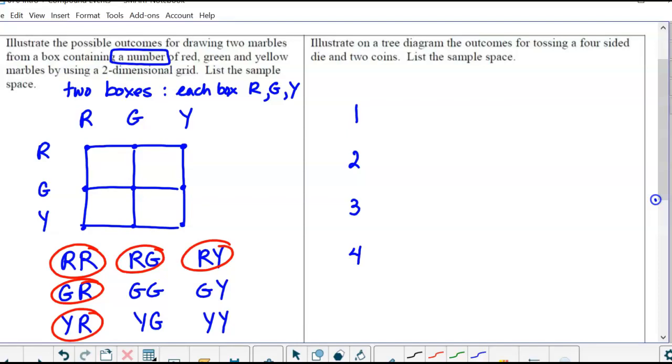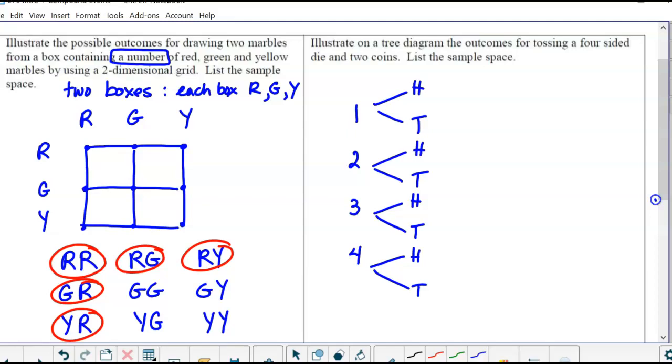Okay, so the 4-sided die would have to be, think about your science, 4 triangles. All right, and then we toss 1 coin, so we could have heads or tails, and that goes for every side of the die.